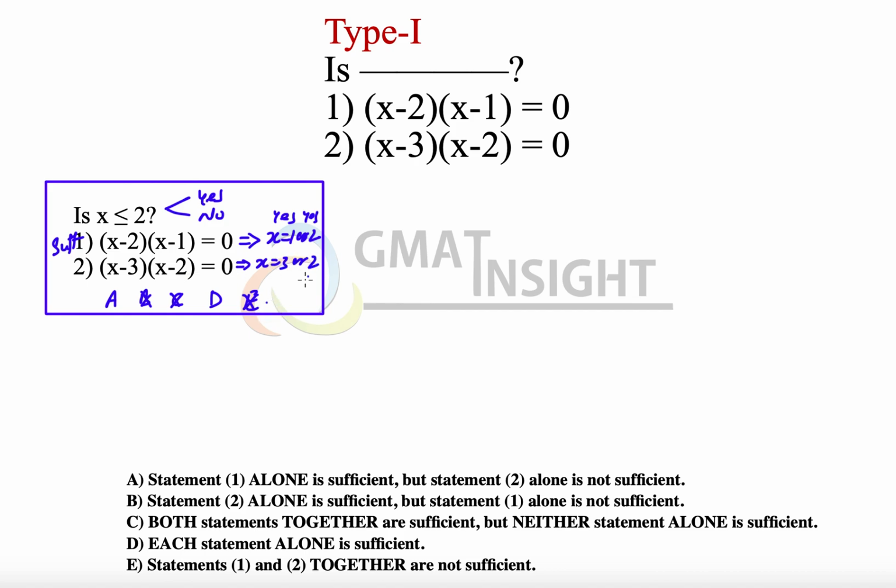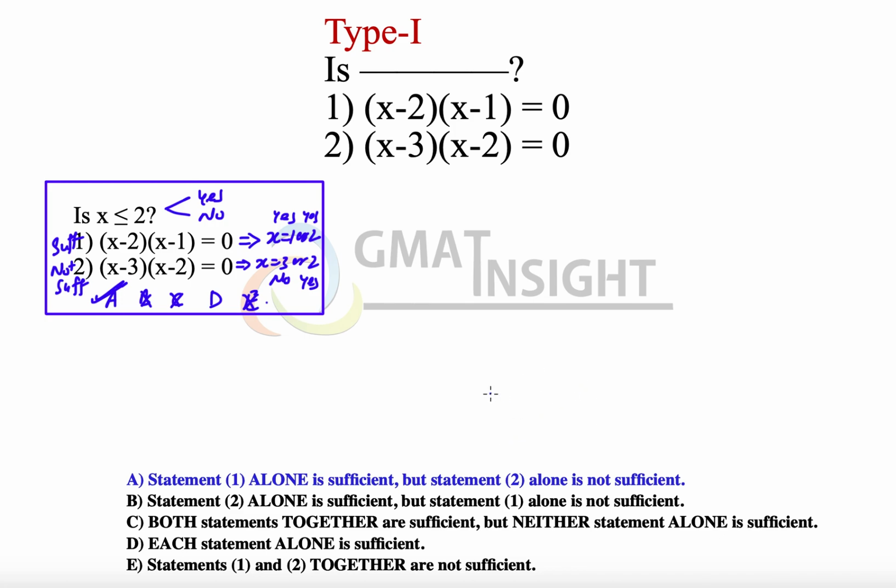While 2 answers yes to the question, 3 is not less than or equal to 2. Therefore, the second statement alone is not sufficient. Because the first statement alone is sufficient and the second is not, the answer to this question is option A.